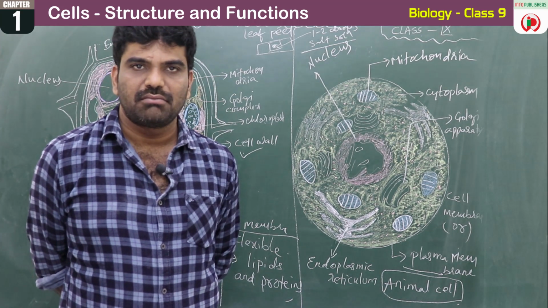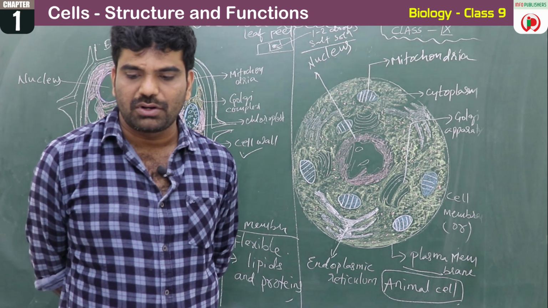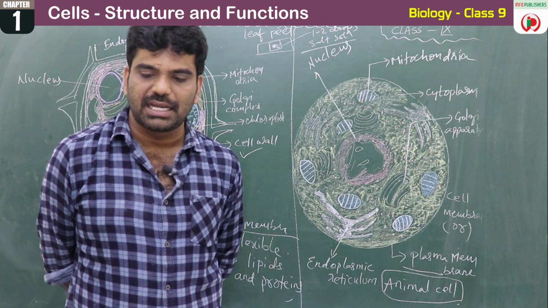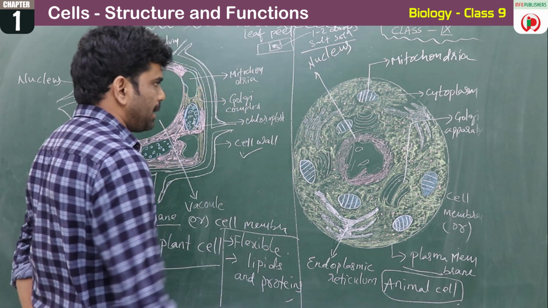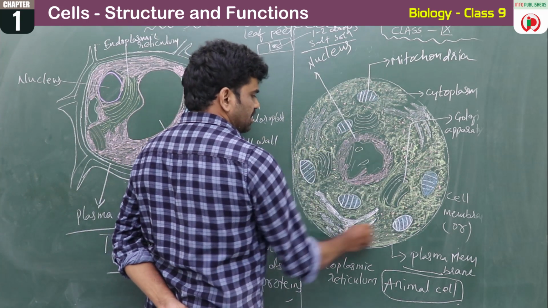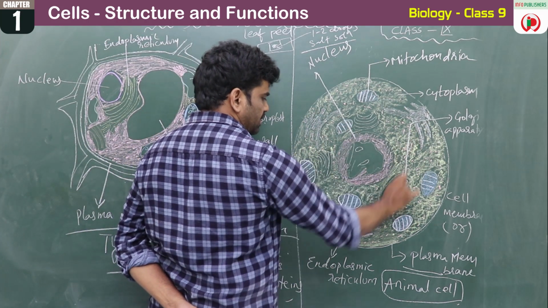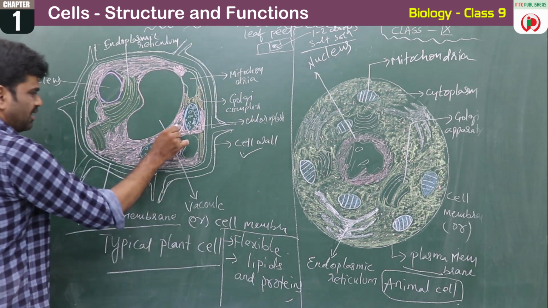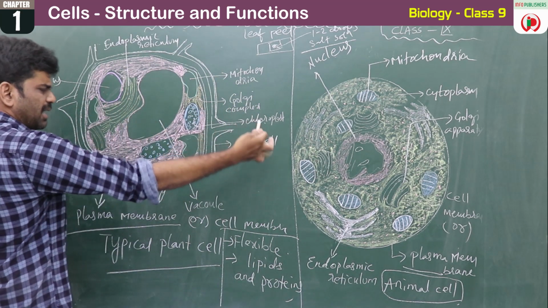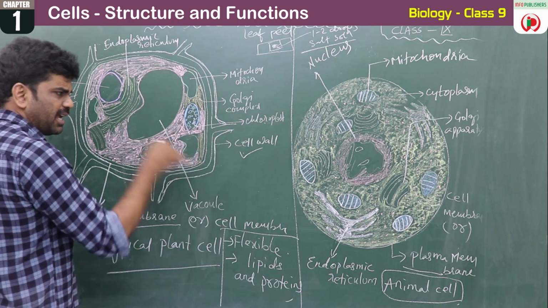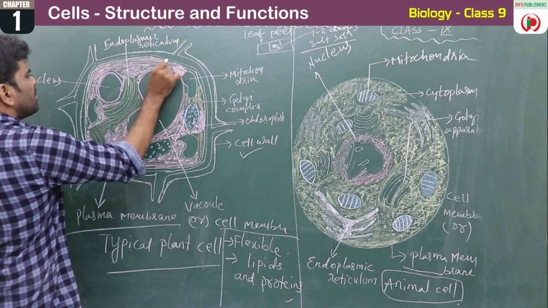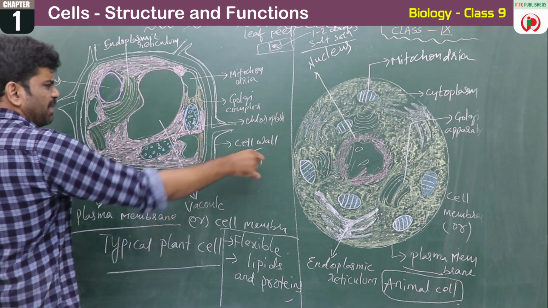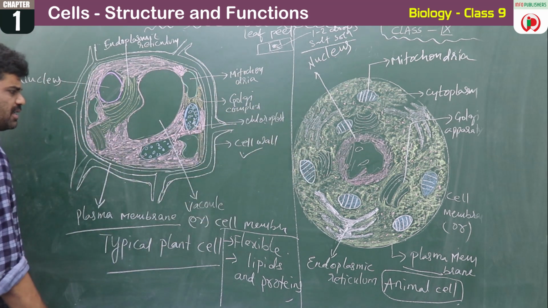And one more thing, the cell membrane is the outermost layer of the cell that separates the cytoplasm from the external environment. This is the cytoplasm, which you can see light yellow in color. Whatever cell you take, either plant cell or animal cell, the maximum amount of the shaded portion is called cytoplasm.